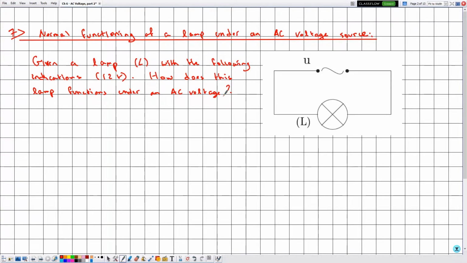So in order to describe the functioning of the lamp, we need to consider the following steps. Step number 1 is to find the effective voltage U effective of the given AC voltage source.